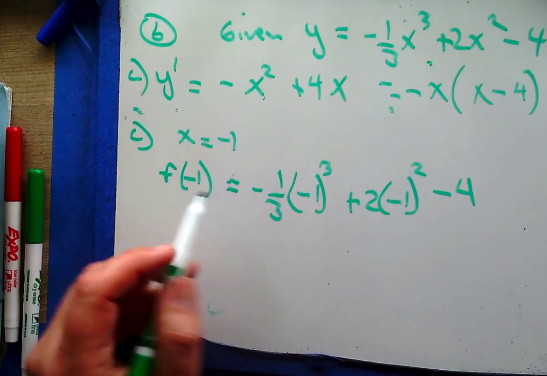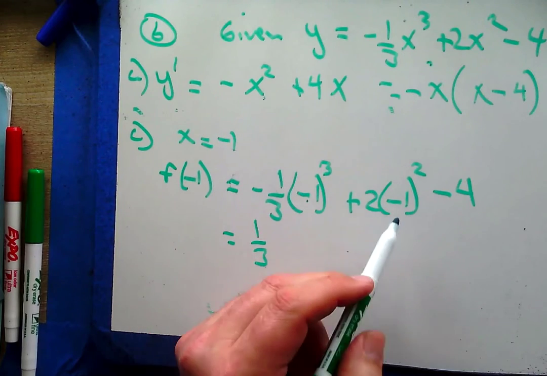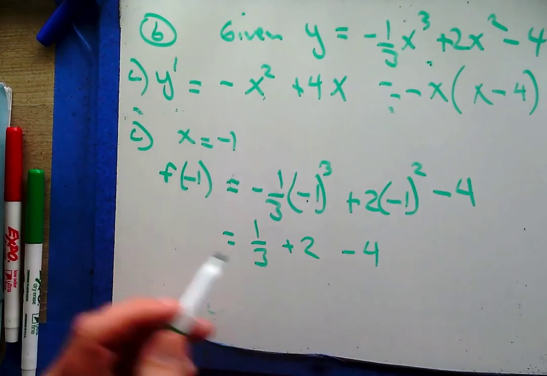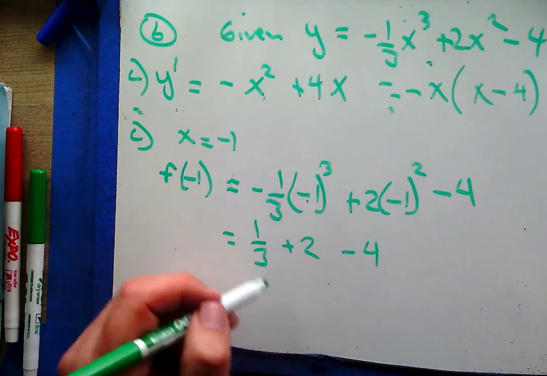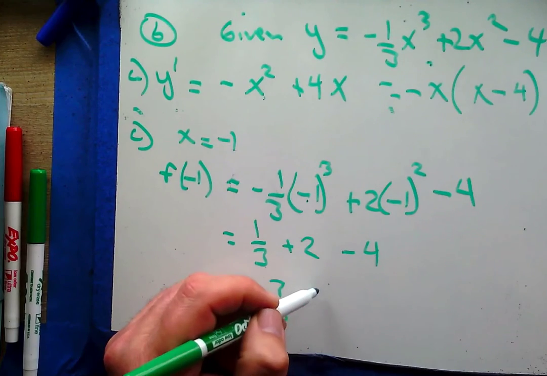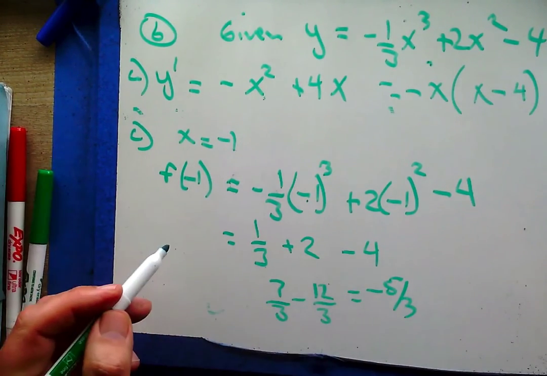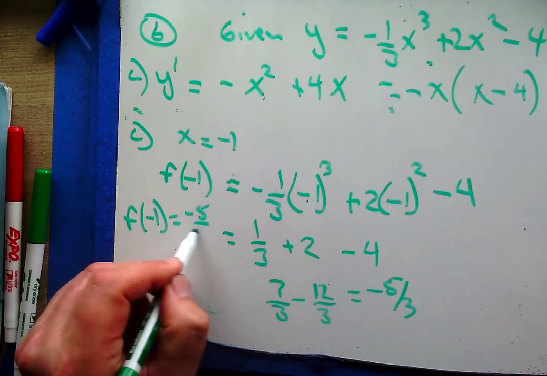Negative times negative is positive, here I have +1 times 2 is 2 minus 4. So 7/3 minus 12/3 is -5/3. So we know that f of -1 equals -5/3.